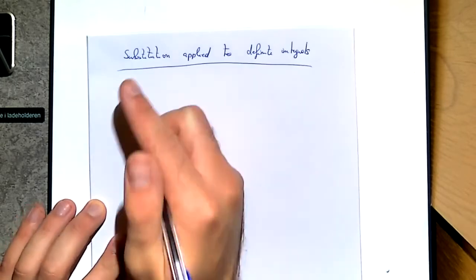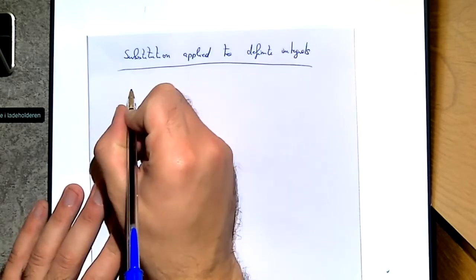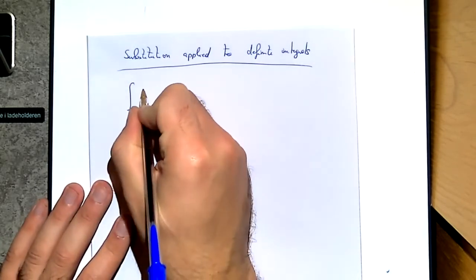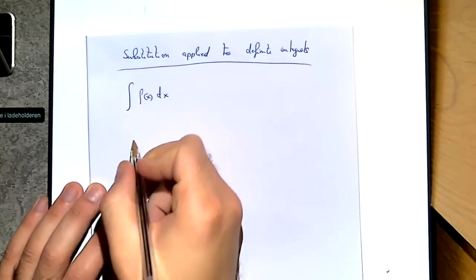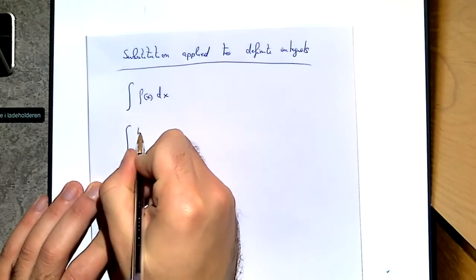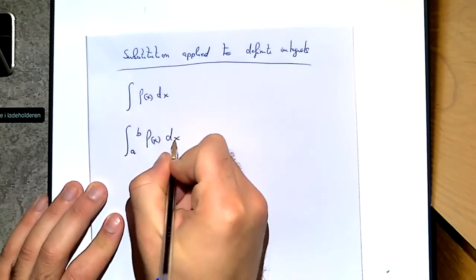Remember, we learned how to apply substitution to the integral of f of x dx. But now the question is, how do we do it if we have the integral from a to b of f of x dx?